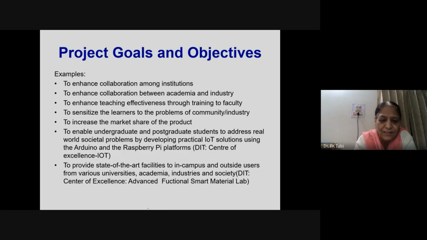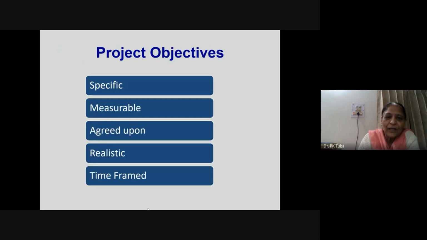So the goal is a broad statement of the intent to fill in the deficiency or to solve a problem that exists, right? And project objectives, on the other hand, are more specific. When I say specific, they use a verb, and that verb clearly indicates what behavior or action will be demonstrated. The action demonstrated is observable and measurable.